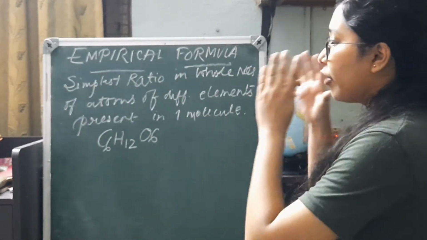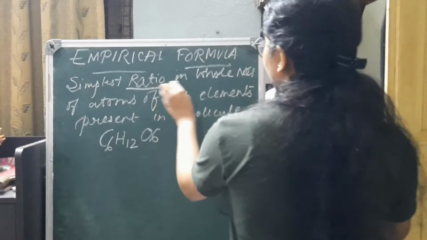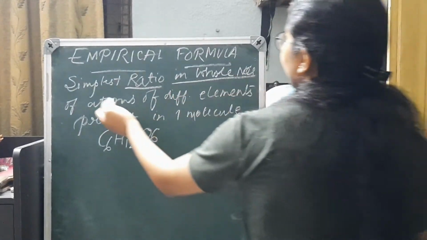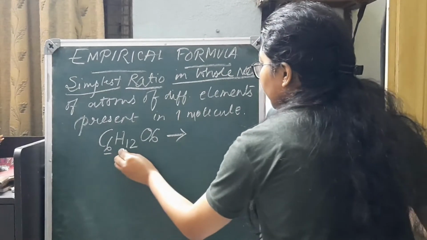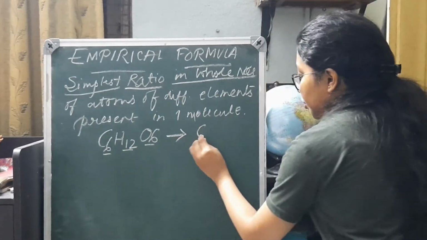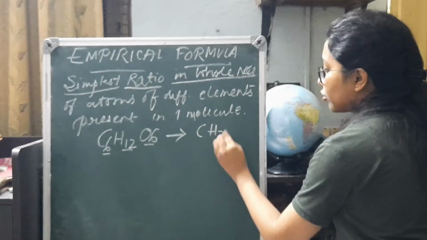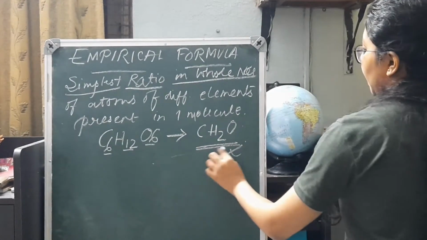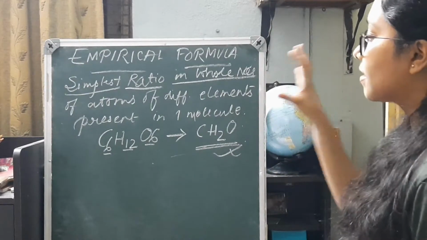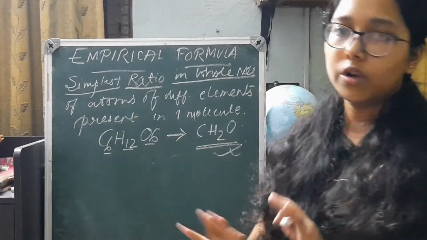You have to go for the simplest ratio, keeping in mind that it should be in whole numbers. So if I divide all of them by 6, I get the simplest ratio as CH2O. Pretty simple. This is the empirical formula of this compound. Just ensure the simplest ratio is in whole numbers.